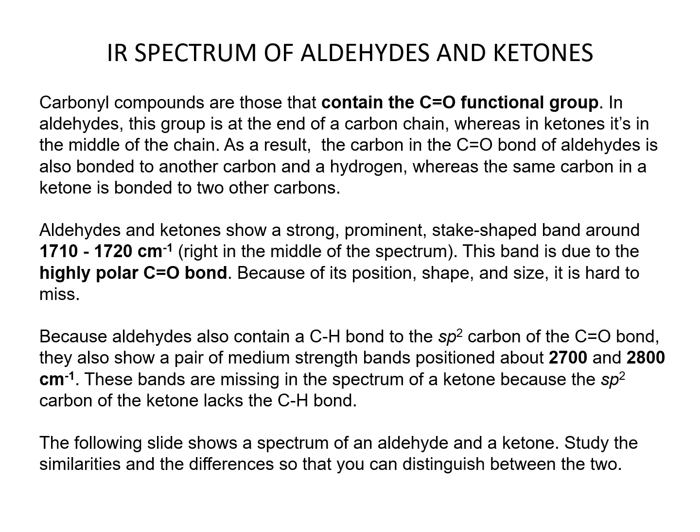If you see those bands around the 2750, 2800, that range, that's going to be an aldehyde. If you have a ketone, because it's internal and it doesn't have that terminal carbon hydrogen, you're not going to see those bands. So that's the way to be able to tell. And just like we did before, the next slide coming up will show you the difference between the two.